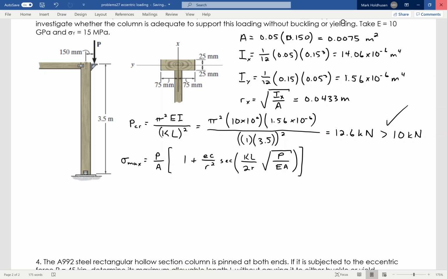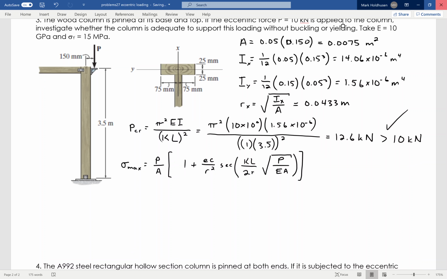All right, so now it's just kind of a plug and chug. Okay, so let's see here. We'll plug in the maximum that I've got, and see if it will yield with 12.6 kilonewtons in it.